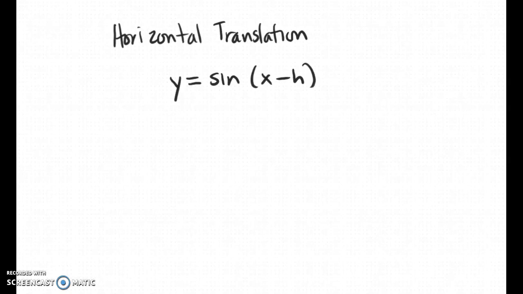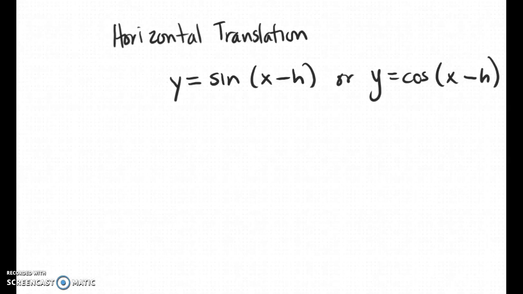So it's going to say x minus a positive number or x minus a negative number. And again, it's either for the sine or cosine. And it's added to the argument of the sine or cosine function.